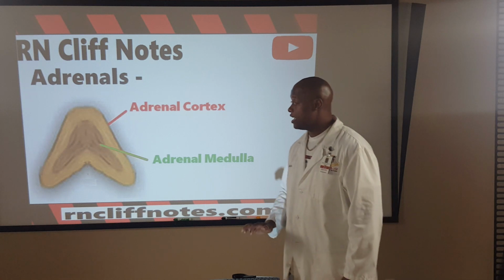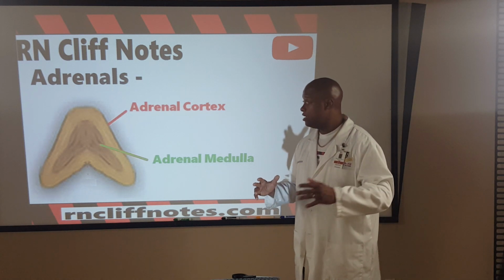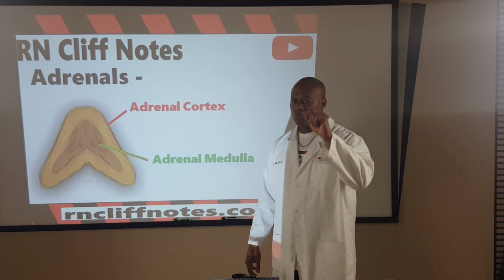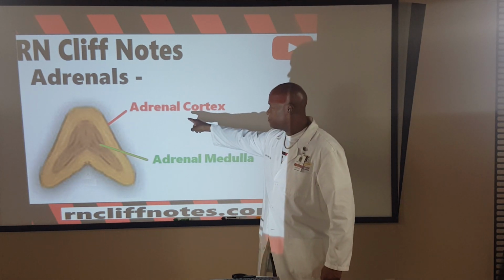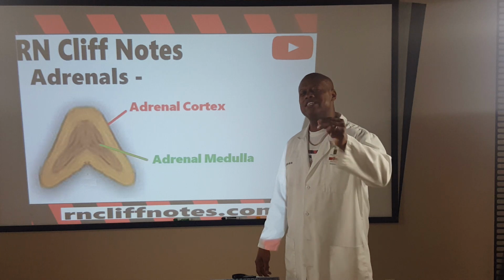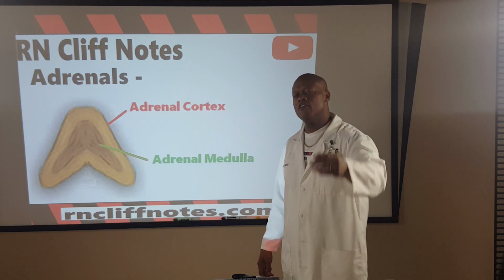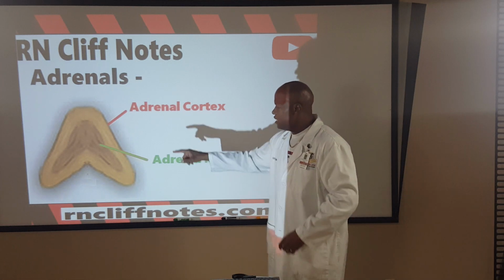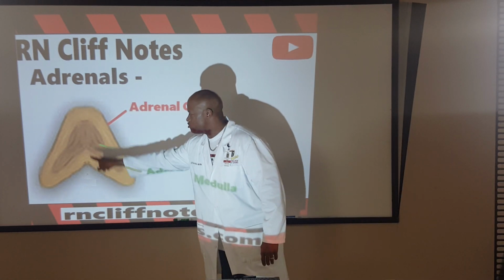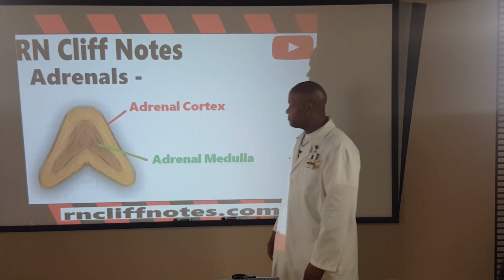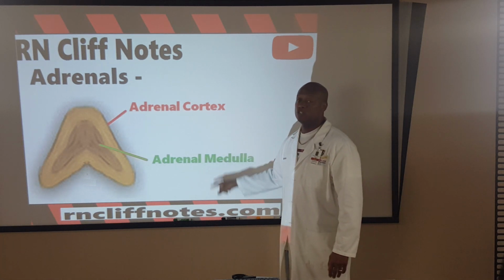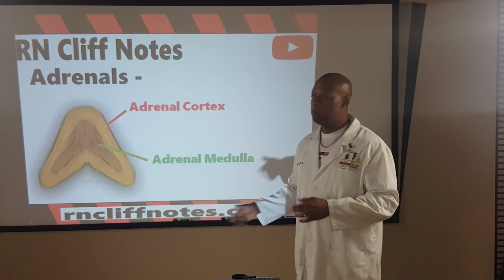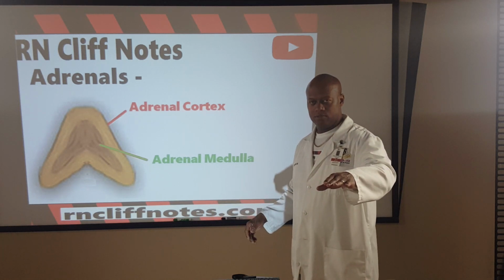Now, as we separate out the parts, notice we have the adrenal cortex. Now, real important that you realize cortex sounds like covering, cortex. So the cover is the adrenal cortex. Then there's the adrenal medulla. Now, just flow with that word, medulla, middle, right?